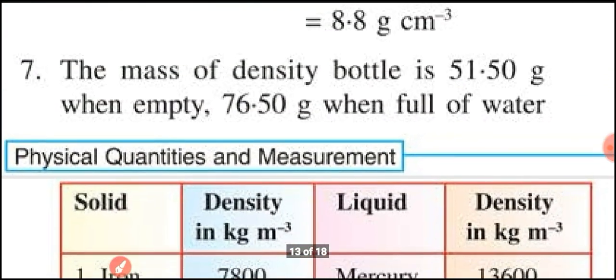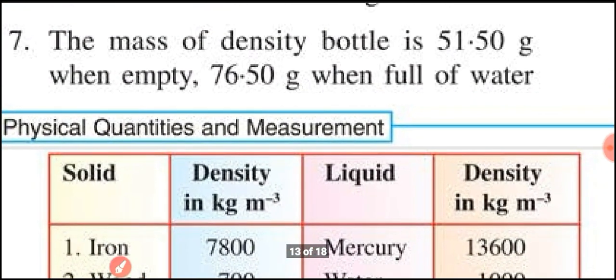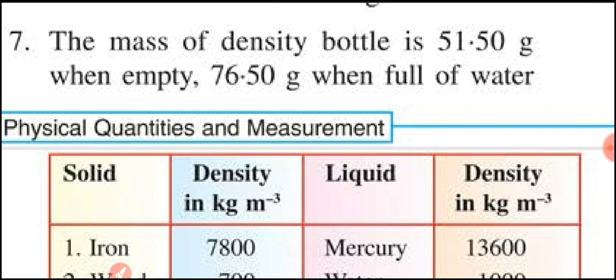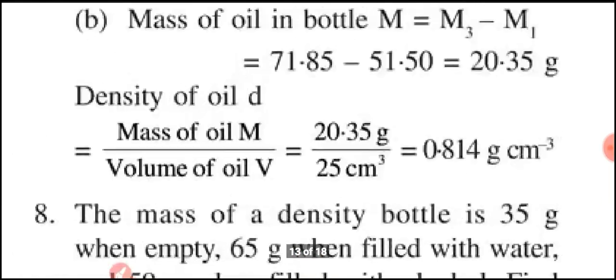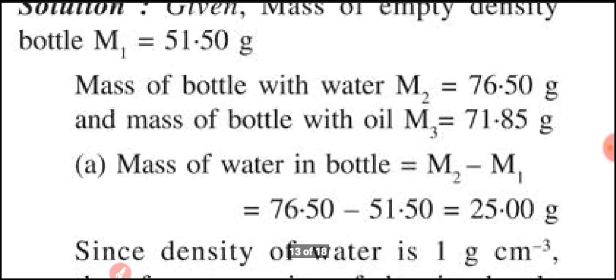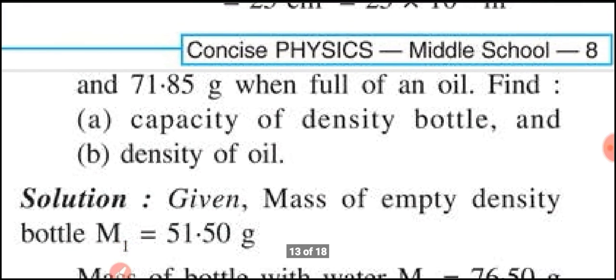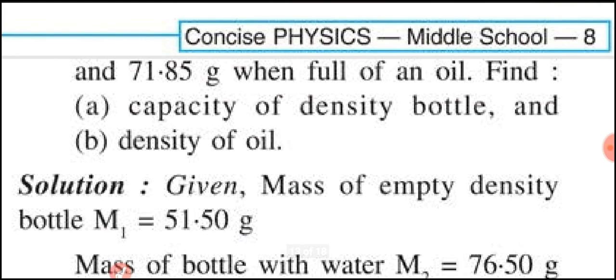Now seventh question. The mass of density bottle is 51.50 gram when empty, 76.50 gram when full of water, and 71.85 gram when full of an oil.